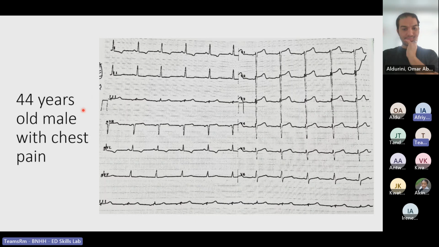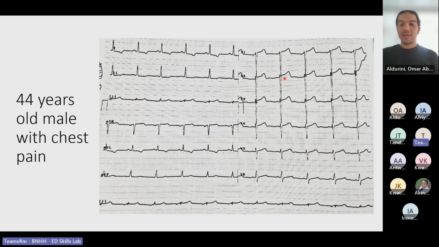Good. So I would think that there are ECG changes in V1, V2, V3, V4, which is suggestive of ischemia. Anterior STEMI, yeah. Perfect. Brilliant. Thank you.